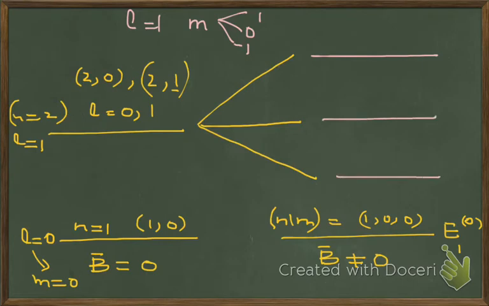So the energy levels can be represented as 2 1 1, where 2 is the value of n, 1 is for L, and the last one is for m.